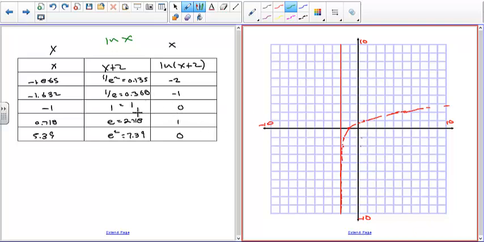At 1, here you'd have 1, 0. Here you'd have 2.718, and then you'd have 7.39, 2.